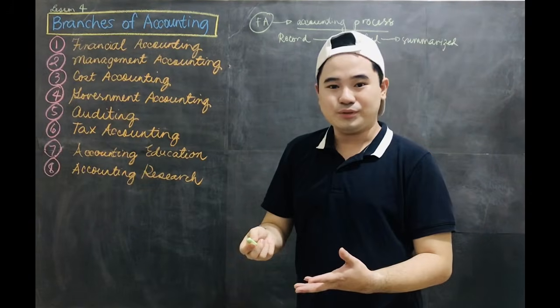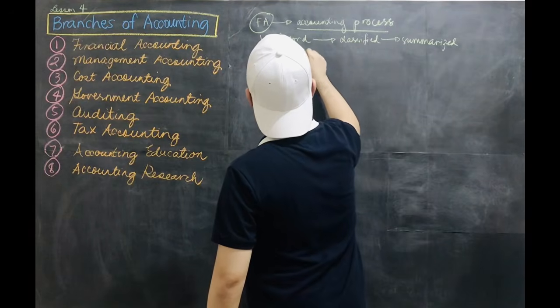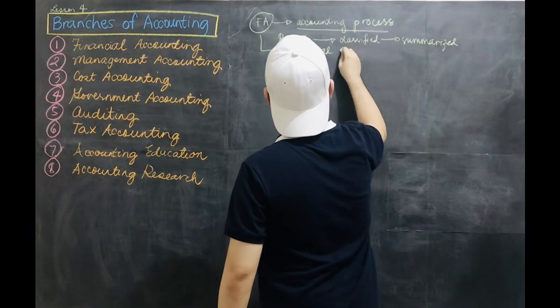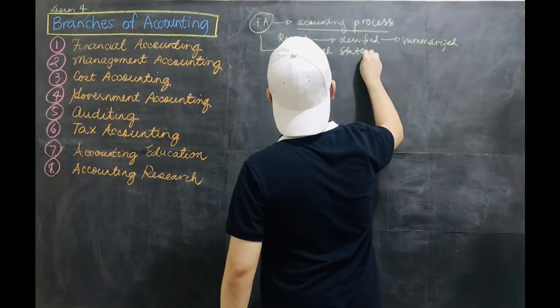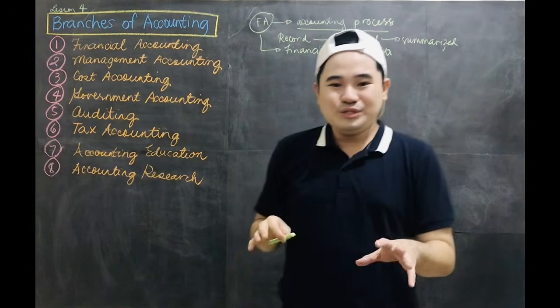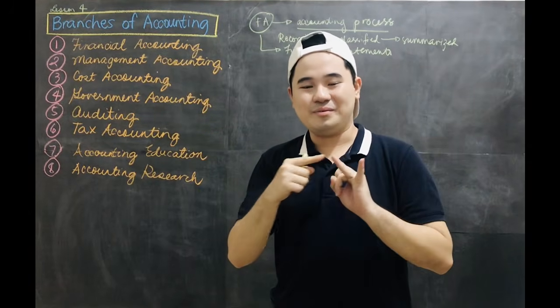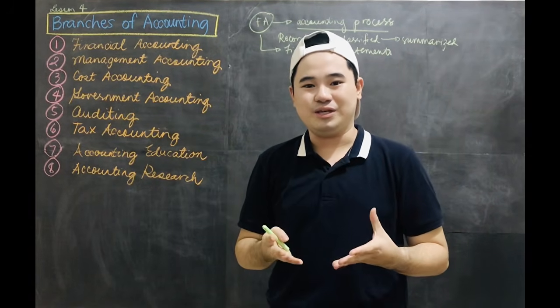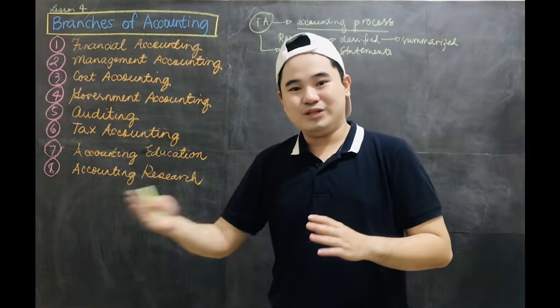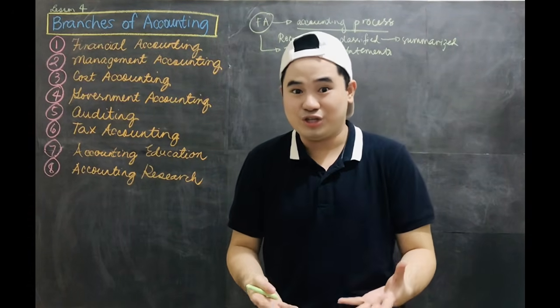And then the output of financial accounting is what we call financial statements. Those financial statements will then be used by the owners of the company, the managers, and those financial statements also will be submitted to the different government agencies, and they will also be used by the general public.